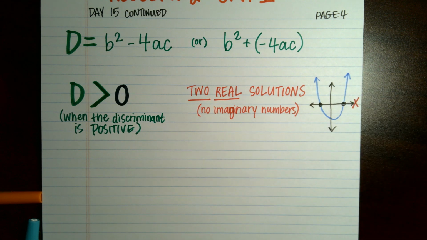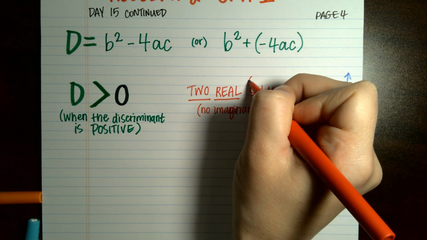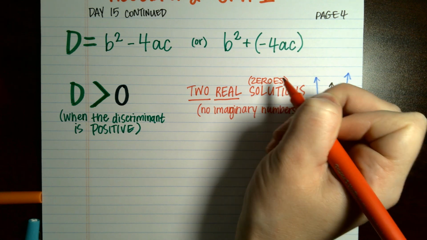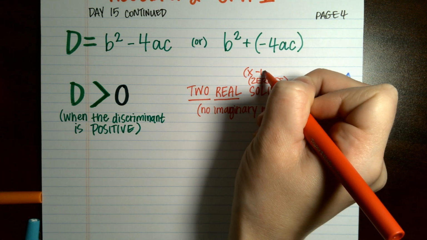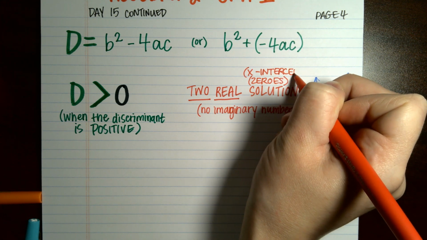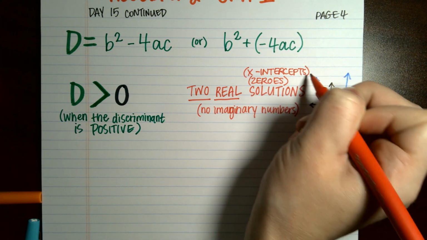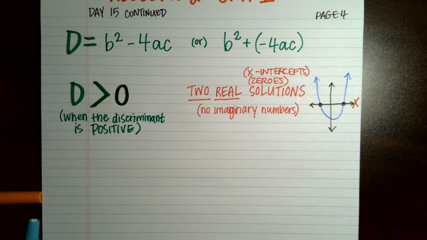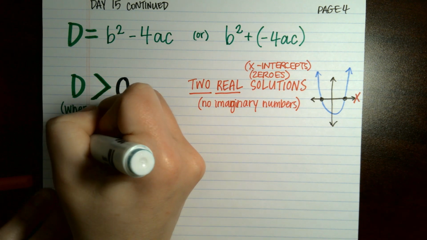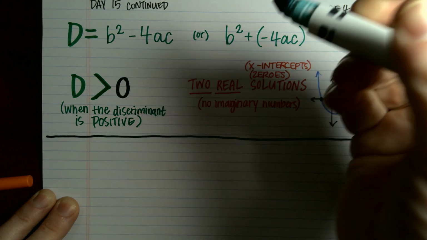So two real solutions or two real zeros, two real x-intercepts. I'm going to draw a line. That's all the information about when it's positive.